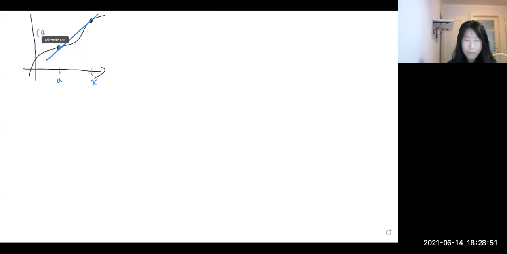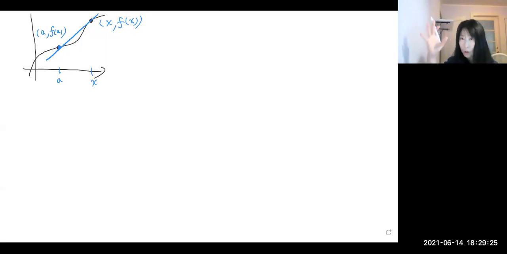So A for the first one, and second one is the Y value, which is f of A. Then the second ordered pair is X, and then the Y value, which is f of X. Okay, we call this line the secant line.